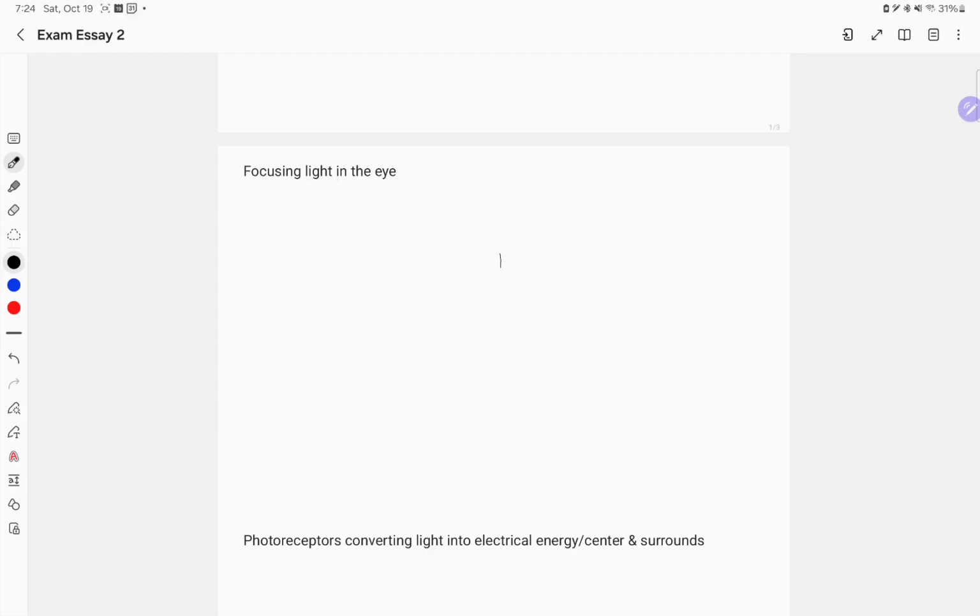No, but in all seriousness, let's draw this eyeball. Ooh, let's see. Dang it. All right, well, do the best we can here.